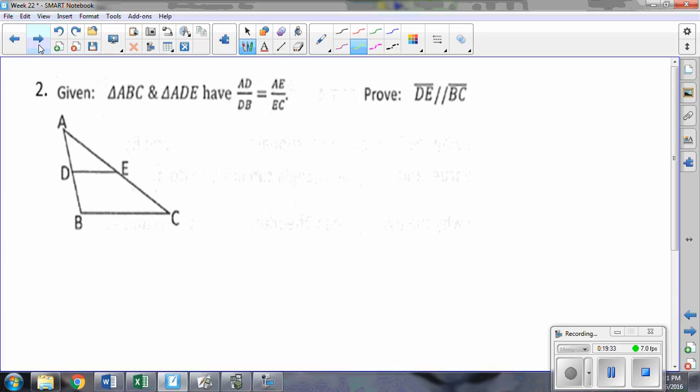Remember, the converse is working backwards. The original theorem said, start with parallel lines and then show me that the proportion is true. We're not doing it that way now. We're not starting with parallel. Instead, we will start with the proportion.